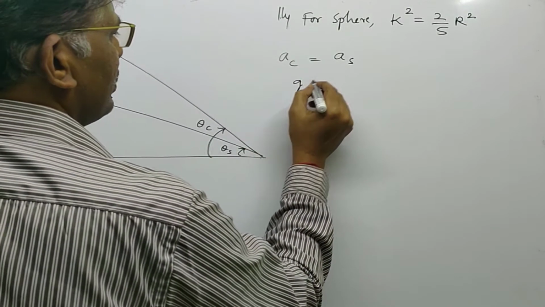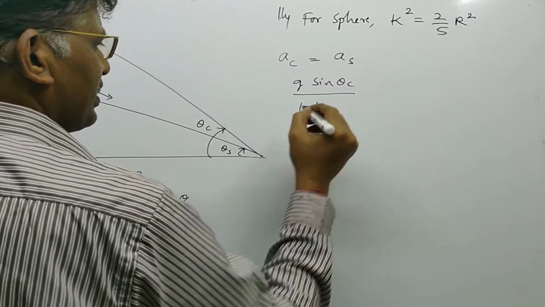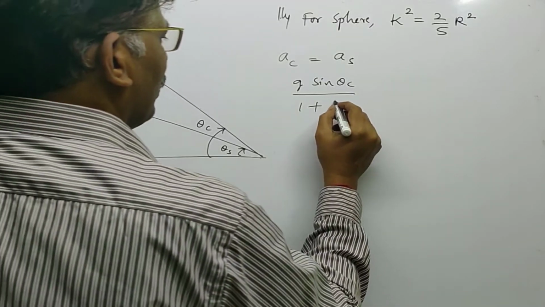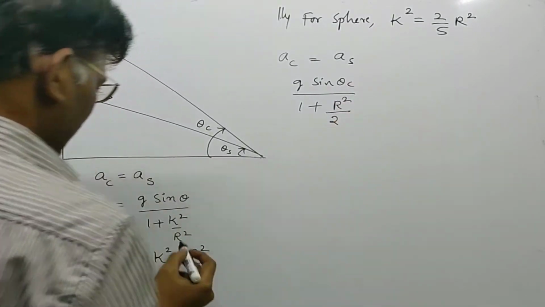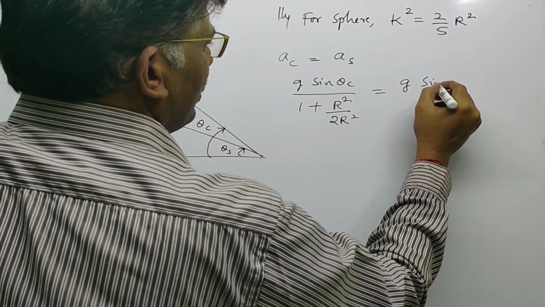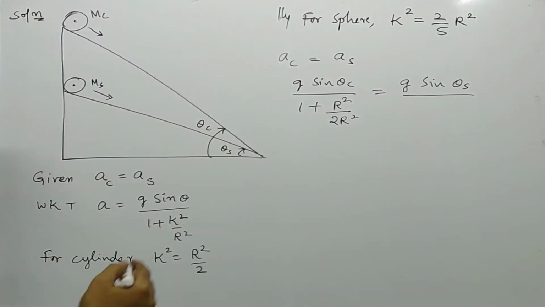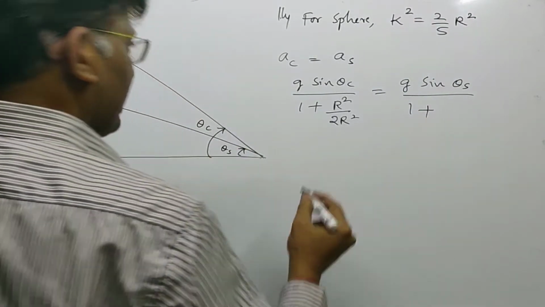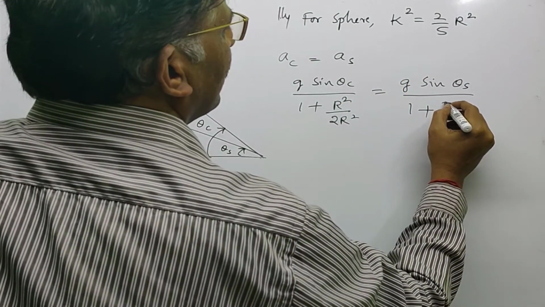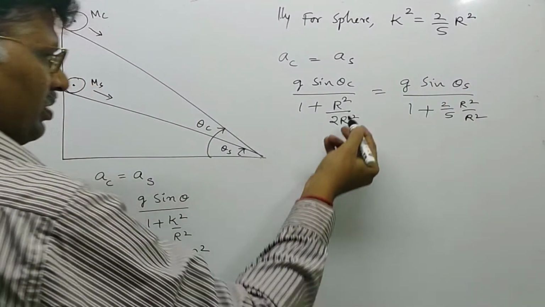A c can be written as g sin theta c divided by 1 plus, for the cylinder, k square equal to r square by 2, with r square in the denominator as it is. That is equal to g into sin theta s for the sphere divided by 1 plus k square for the sphere, 2 by 5 r square, divided by r square.